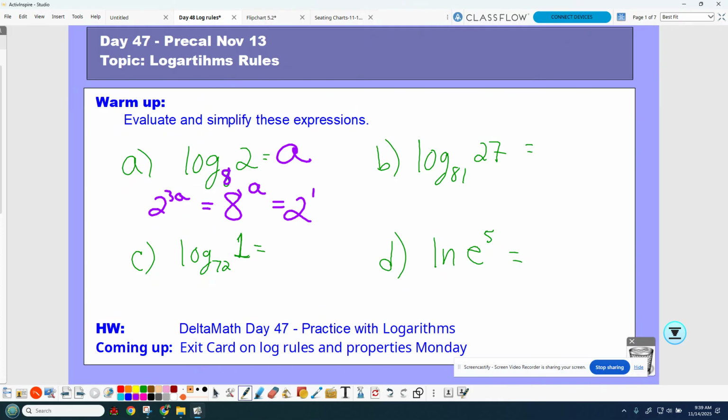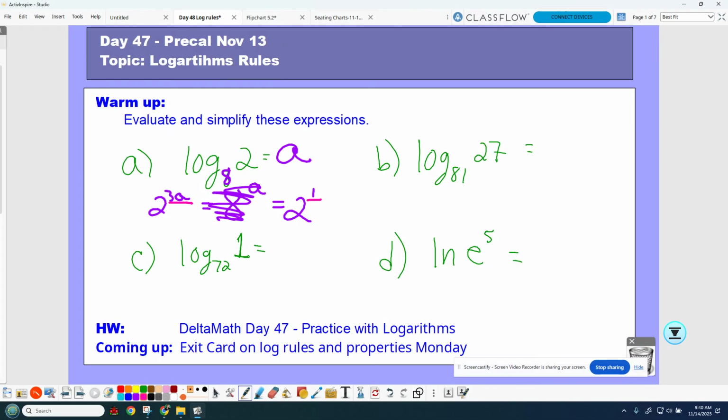So looking at it, I have 2 to the 3a equals 2 to the first. What's an equation that I can get out of that now that I'm looking at it? I have 2 to the this equals 2 to that. What do I know about this and that?